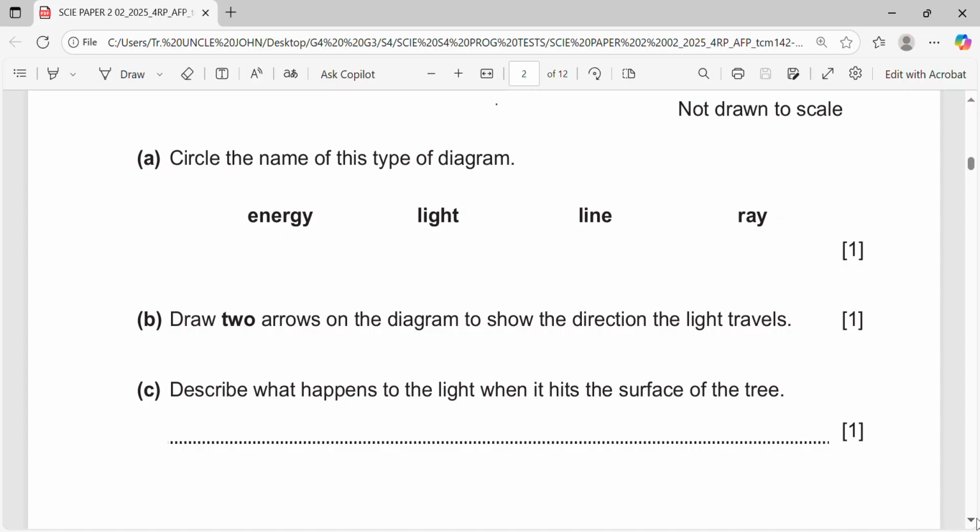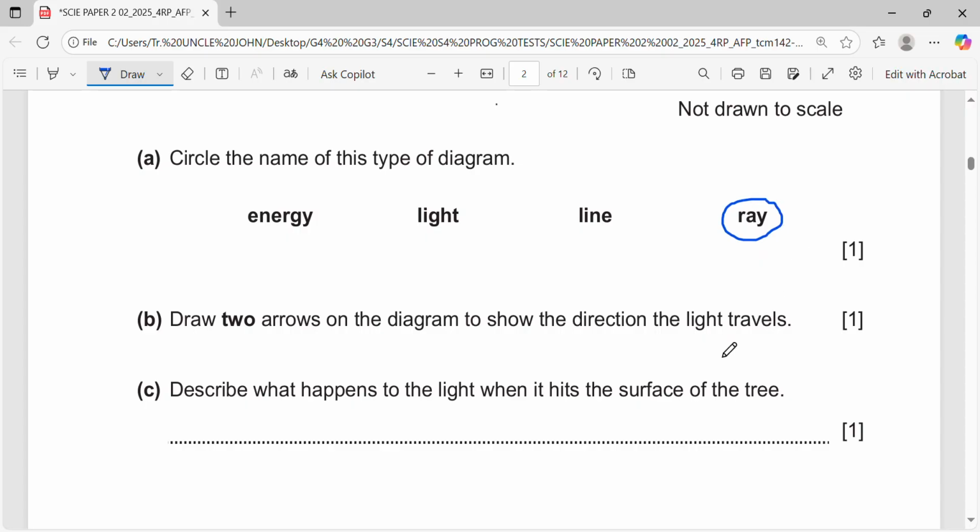We have energy, light, line, ray. This type of diagram is a ray.